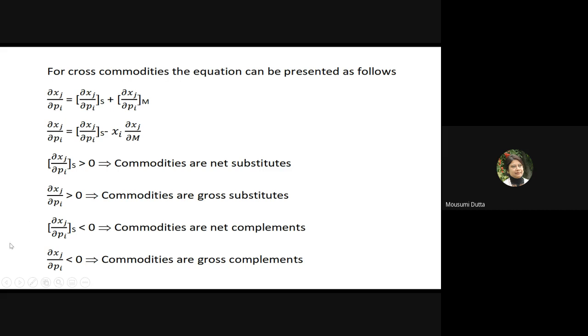Then you add, if two commodities are net substitutes, that does not necessarily indicate the commodities are gross substitutes too.